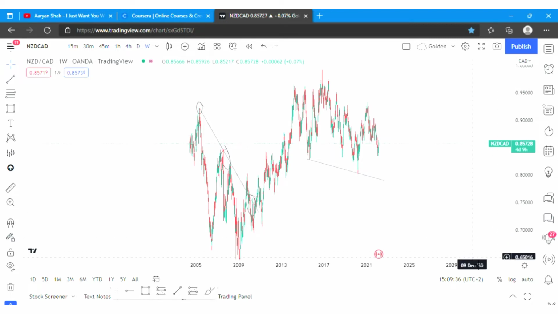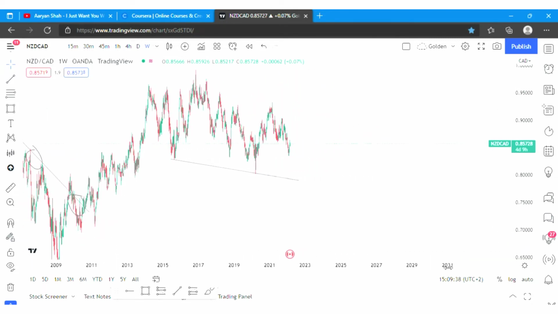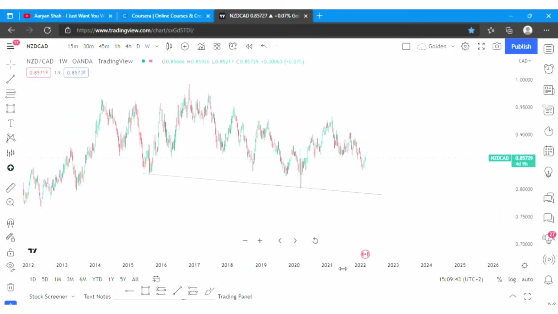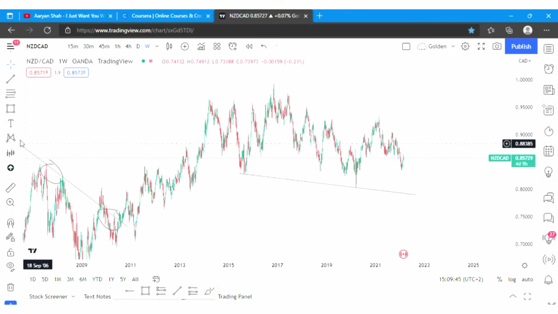It's trying to indicate to us that it is not even done moving to the upside. Right now we have that first touch, second touch from the lowest low.